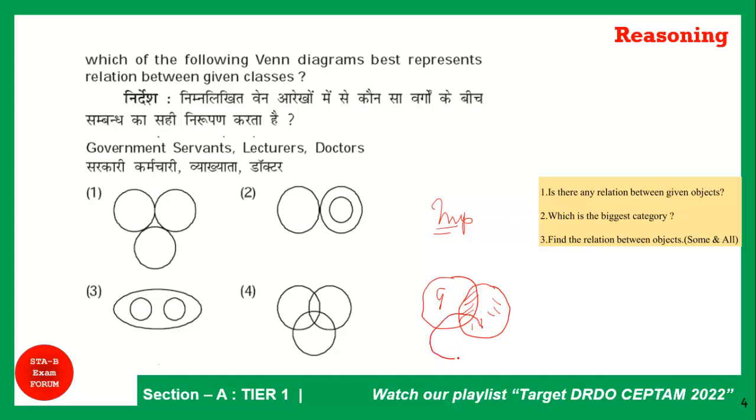So this represents doctors, this represents lecturers. Some doctors are government servants also. Some doctors are lecturers also. Some are all these three, government servants as well as lecturers. Those are generally found in medical colleges, right? So this represents that region. So the correct answer is option 4. Option 4 is the right answer for this question.